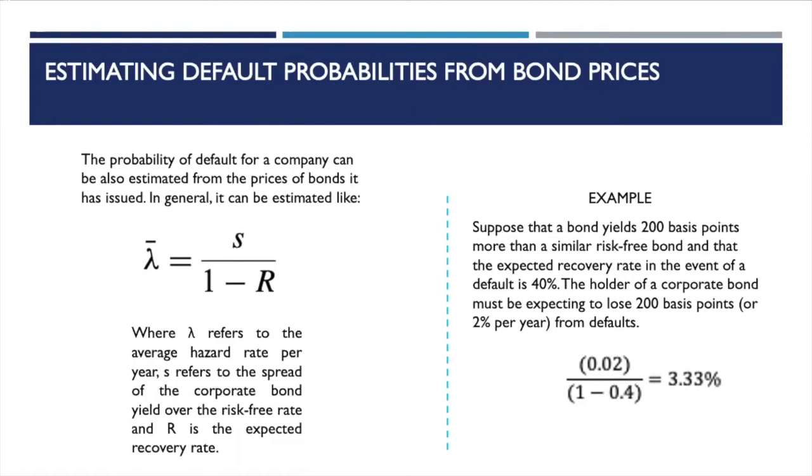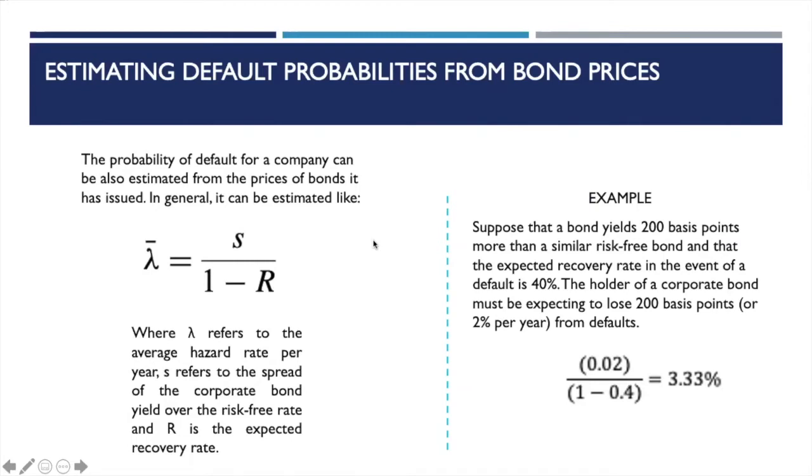As we know, the presentation shows how we can estimate this probability, where lambda is the average hazard rate per year, S refers to the spread of the corporate bond yield over the risk-free rate, and R is the expected recovery rate.